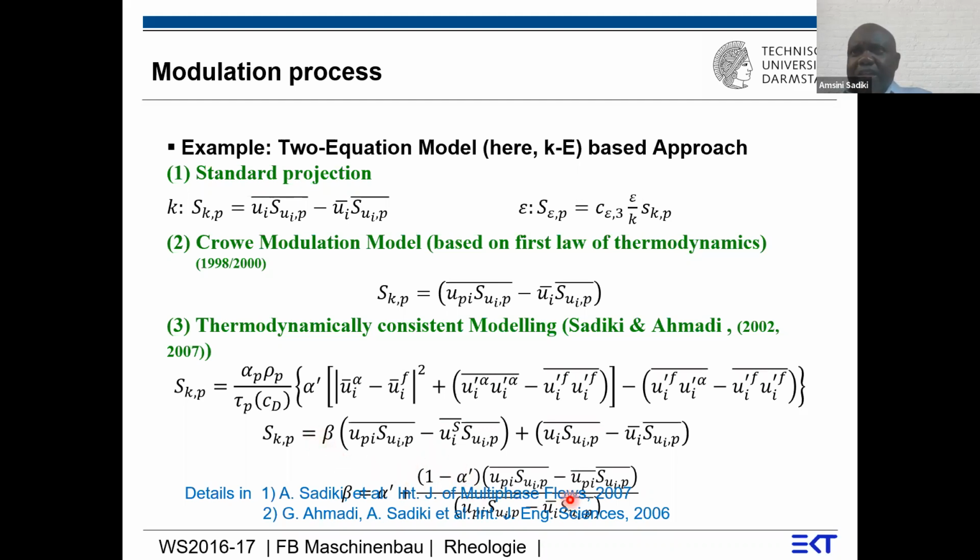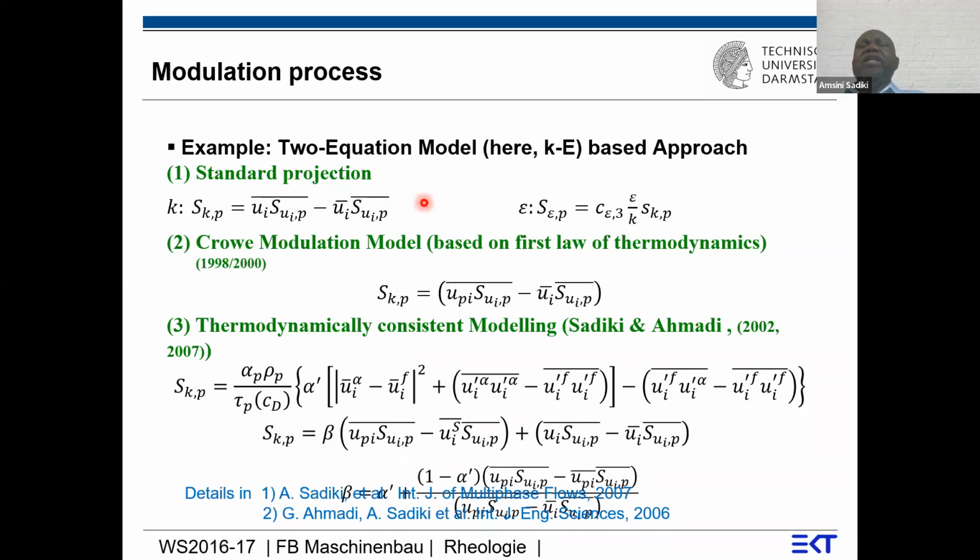And this is obtained here. Beta is proportional to epsilon prime. Epsilon prime is a quantity which is related to the relative size of the particle.